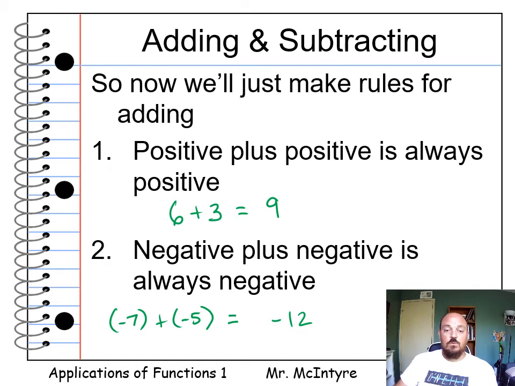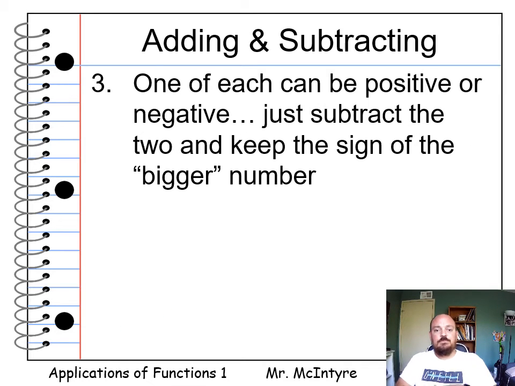Now the last one is one of each, and that's one that's a little tricky. So when you have one each, let's say I'm adding one positive number with one negative number, this is the one that it's not always one or the other. The answer can be positive or negative. And the way you know is by which of the two was the bigger number. And I said bigger because bigger doesn't mean like positive is bigger than negative.